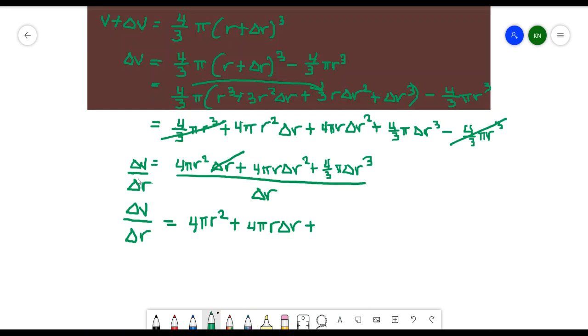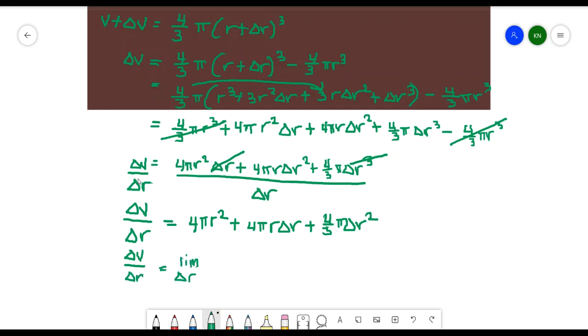And then we also have 4/3 pi delta r cubed divided by delta r, so this will be 4/3 pi delta r squared.